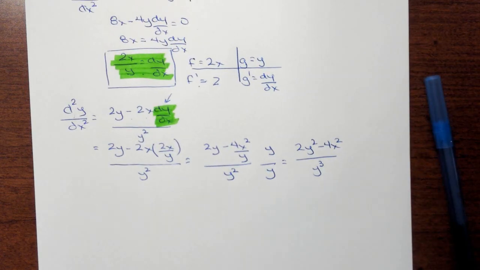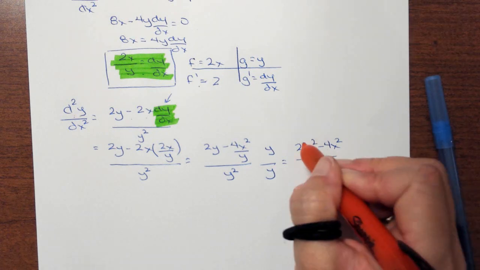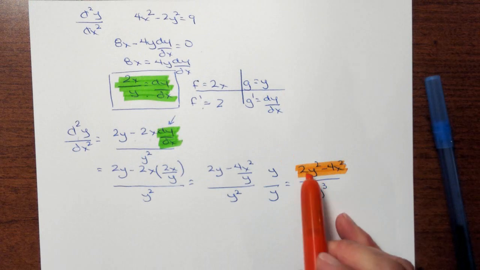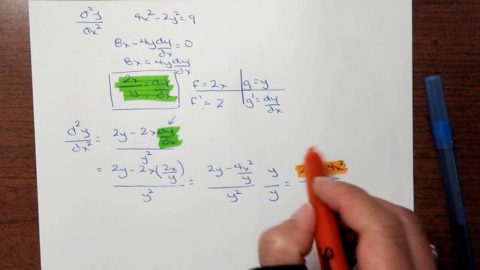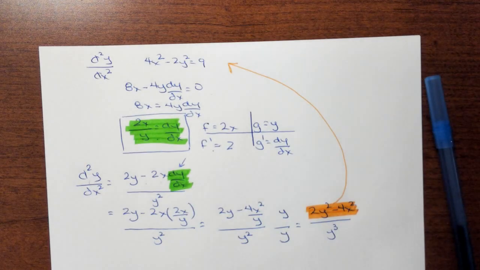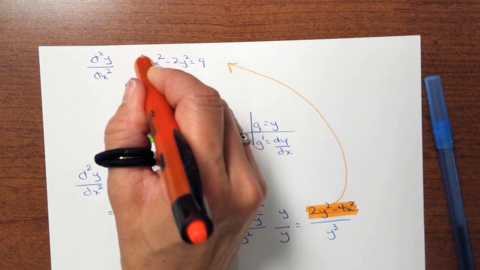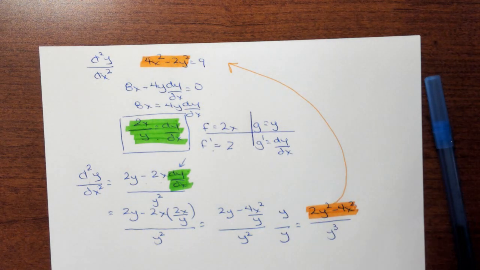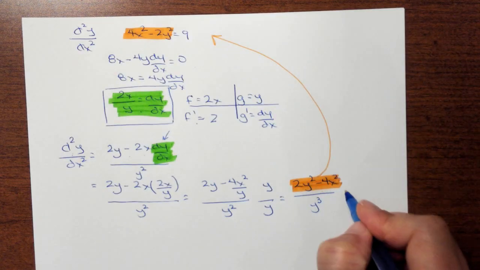However, something that you need to make note of is we have seen this before, and if you were looking at this in an AP practice, 2y squared minus 4x squared, if you go up to the top, you actually see that this is the same thing but exact opposites. So essentially what this is equal to is -9.